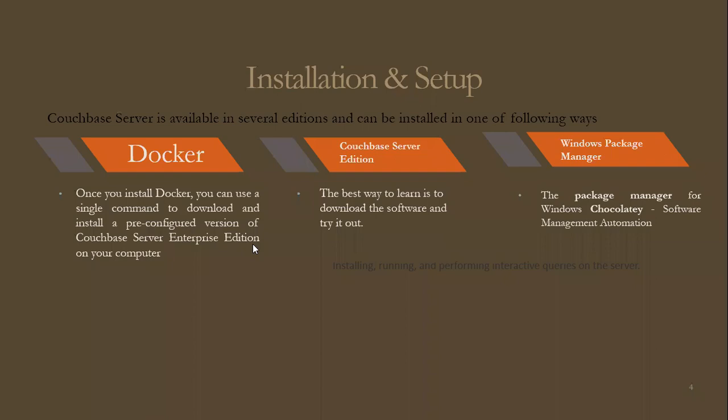You can install it with the help of Docker containers, containerization. If you are aware of Docker containers, then the Couchbase image, whichever is available as of now, the current version, is available on Docker Hub. You can download it and install it on your system.